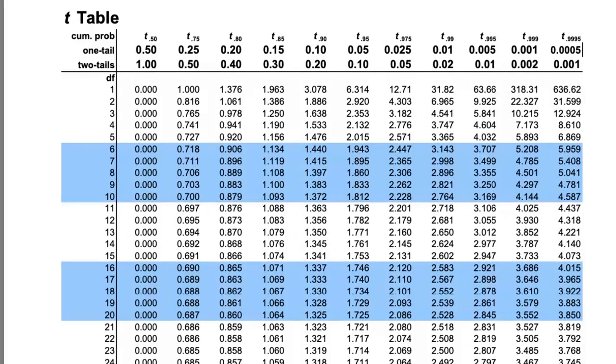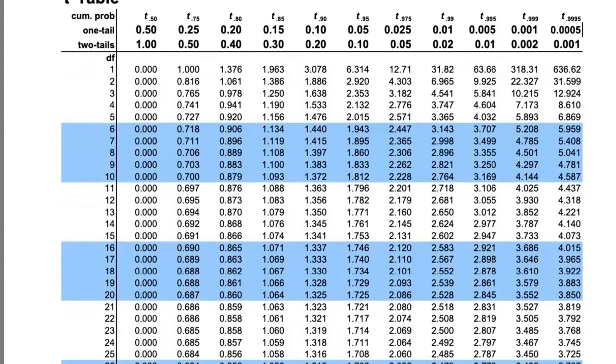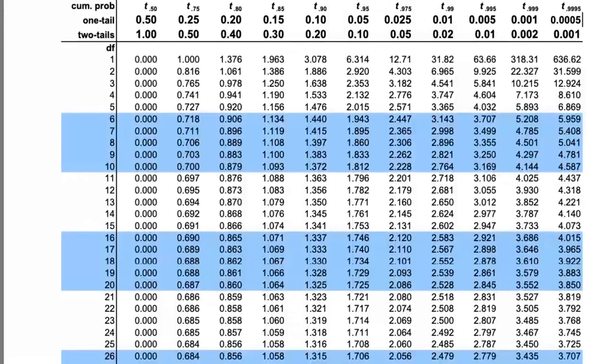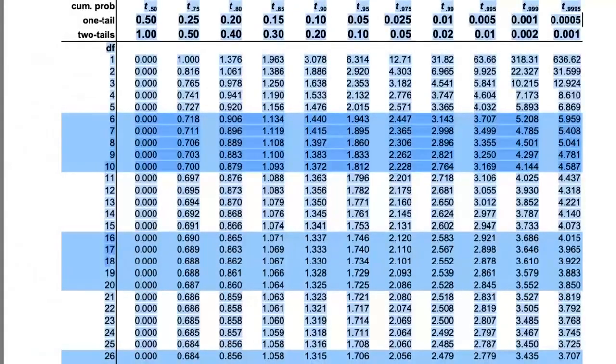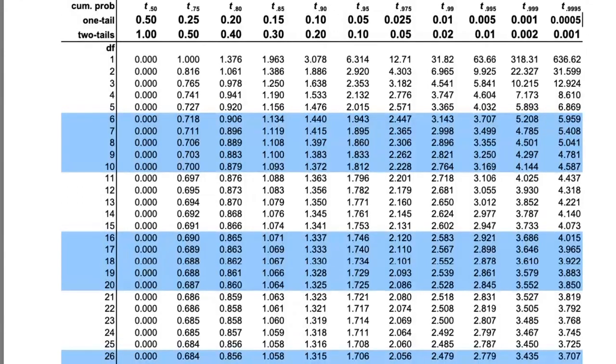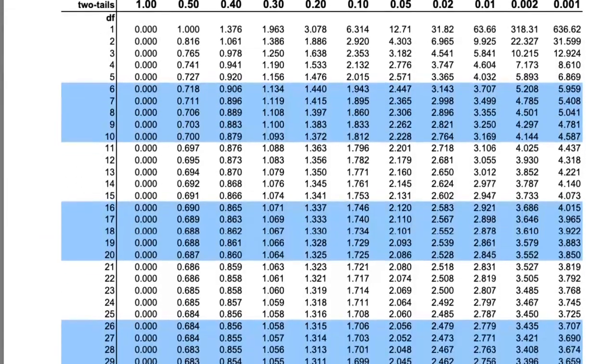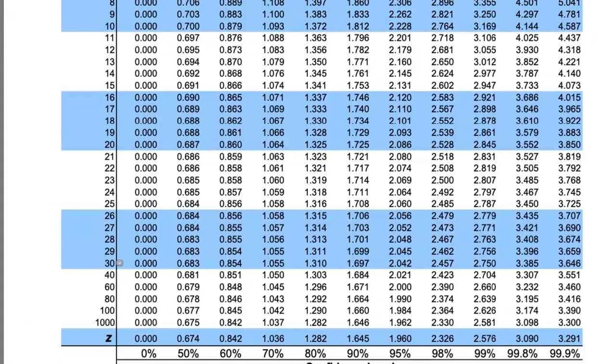In the t-table, we need to look at the cumulative probability and the degrees of freedom, and the degrees of freedom in this case is 999. We can look at the DF on this row, and all these DF values go from 1 up to 100, and then suddenly jump to 1000.